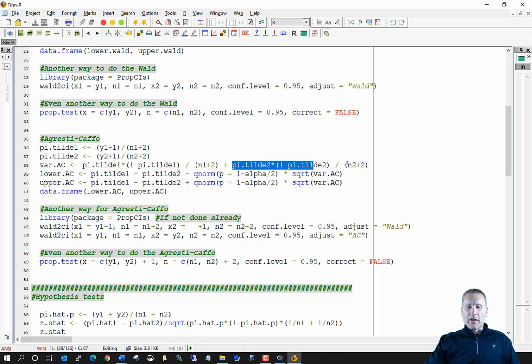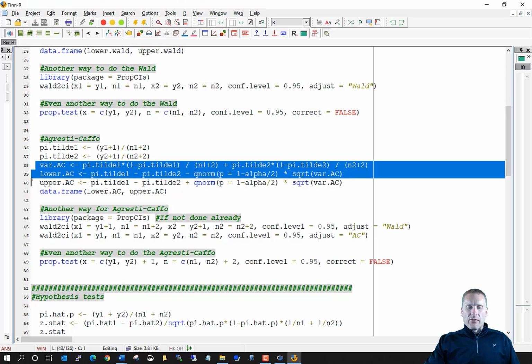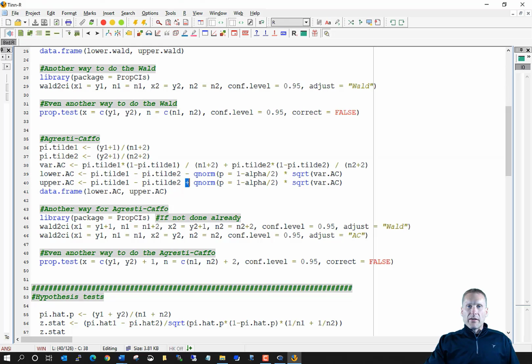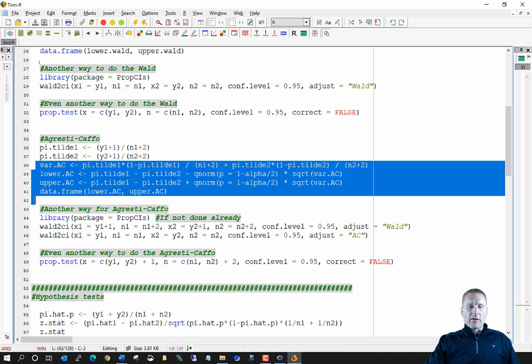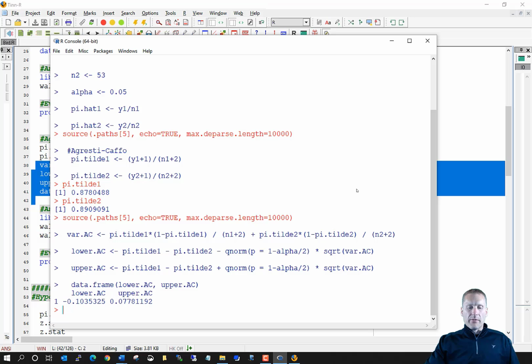I do the same thing with the second sample as well. I use that to find my lower bound. My upper bound is exactly the same, but now I put a plus before the quantile from the standard normal. And then I summarize everything in a nice data frame. And here's our interval, exactly what I had when I wrote everything out.